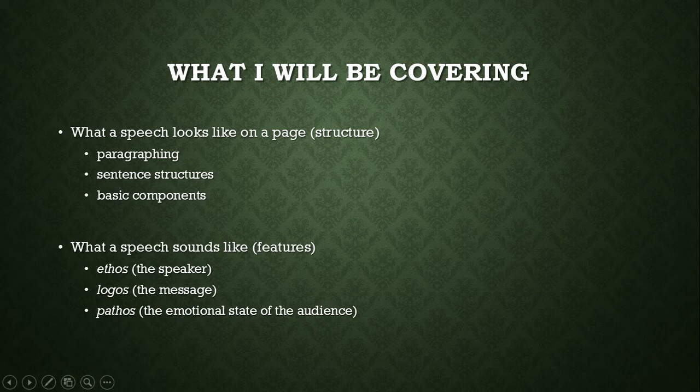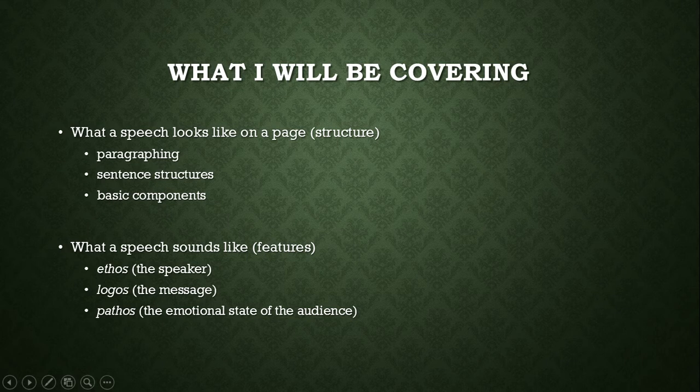And in that regard we'll be looking at Aristotelian means of rhetoric. So ethos refers to the character and credibility of the speaker, the person who is speaking. Logos refers to the use of logic or reason and argument, and is the message of the speech.